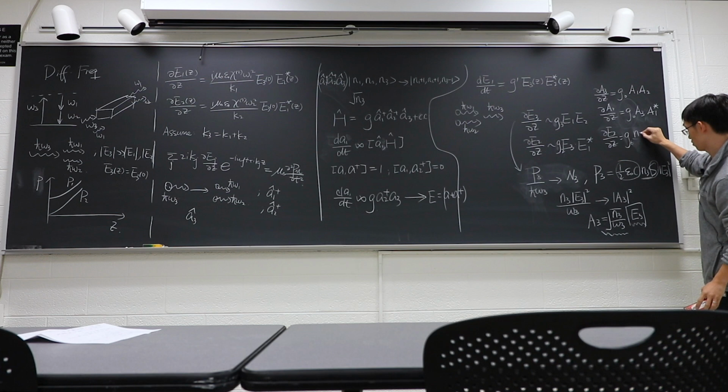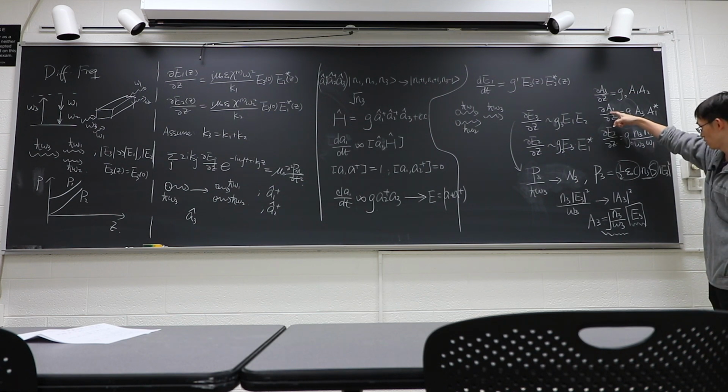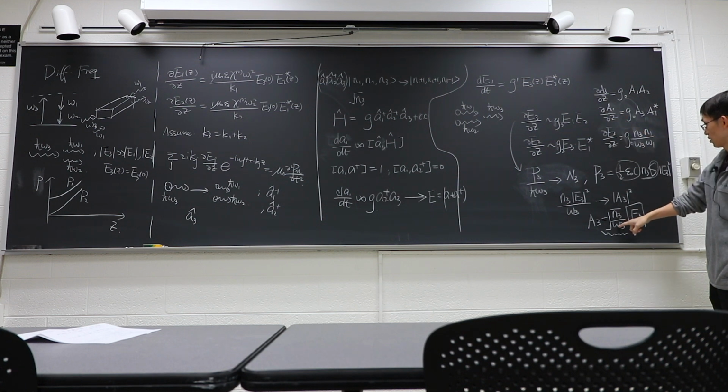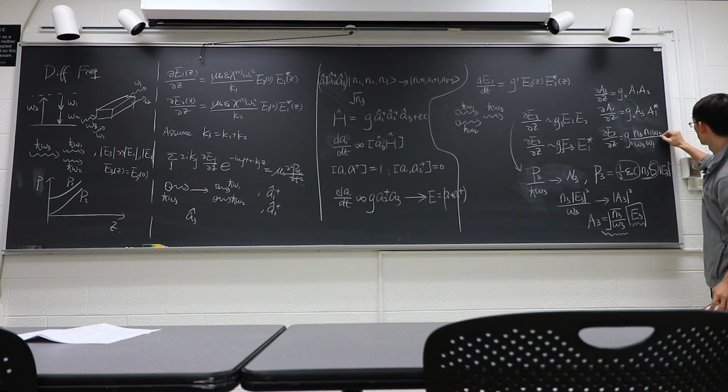N3, N1, omega 3, omega 1, and then A3, it's on the opposite side. So you have omega 3 come up, omega 1 come up, omega 2 come up here, and then you give a square root. And then you write down E3, E1.